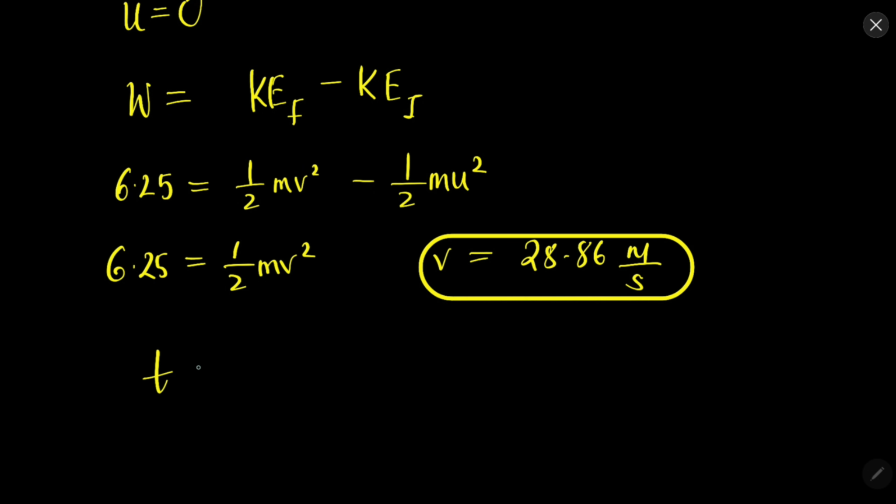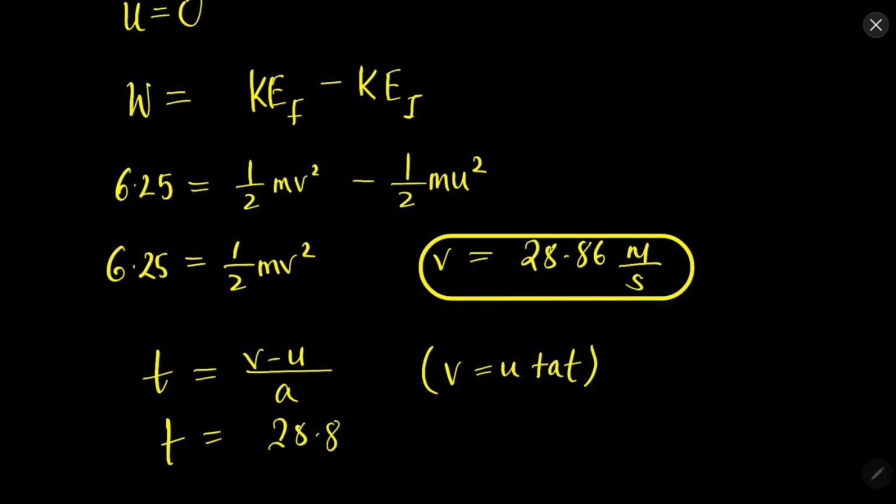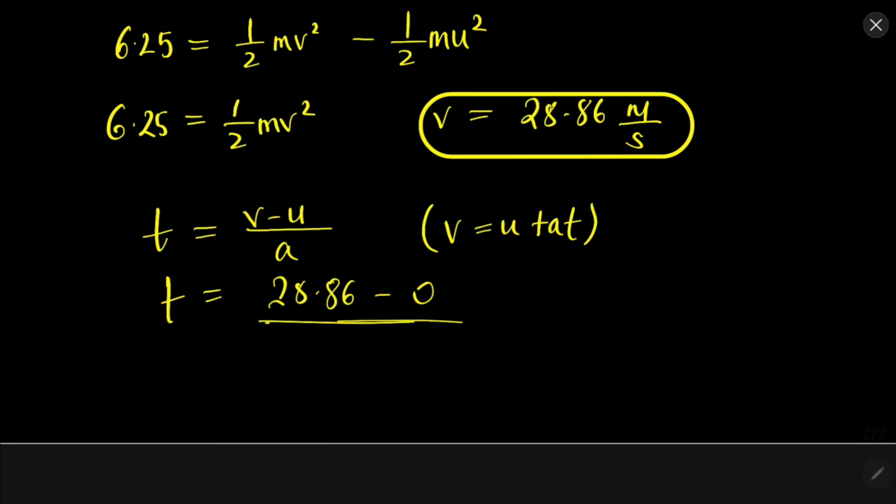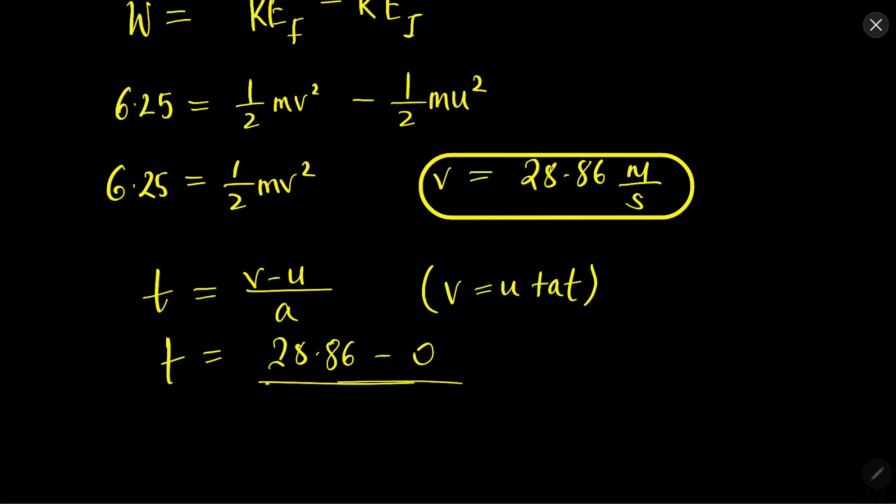Now how to find the time? Time can be found by using this equation, v equal to u plus at. So time is 28.86 minus 0 upon acceleration.